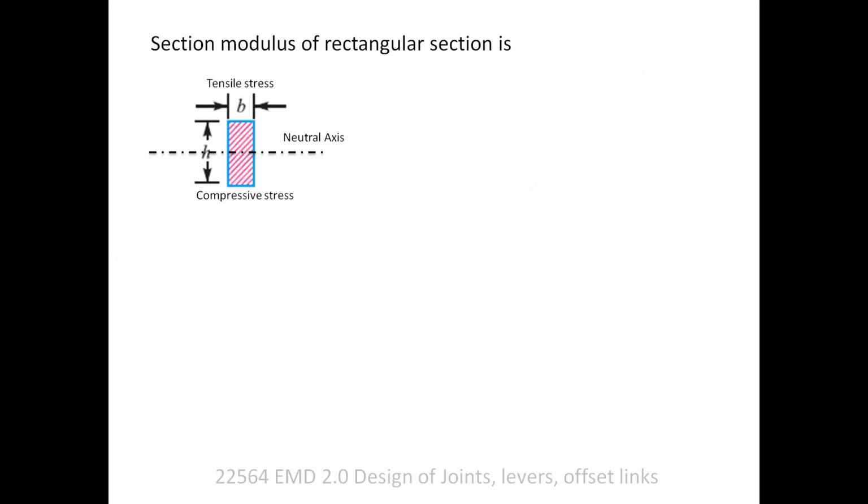Now let us go for section modulus of rectangular section. Here that particular beam is having neutral axis as shown in the figure. Above the neutral axis there is a tensile stress, below the neutral axis there is a compressive stress. So that means in our section modulus, depth of that particular cross section is H and base is B. Here you will find the formula for the rectangular section to find the section modulus.